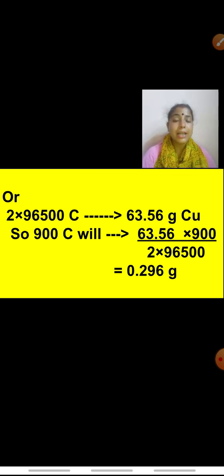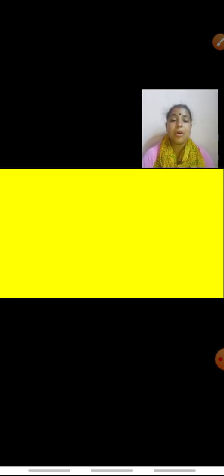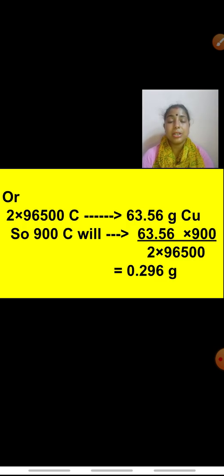So 900 coulombs will give how much? 63.56 divided by 2 into 96500 multiplied by 900. So it is equal to 0.296 gram. So 900 coulomb of charge will give 0.296 gram of copper.